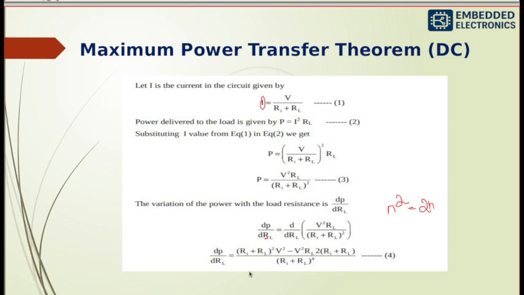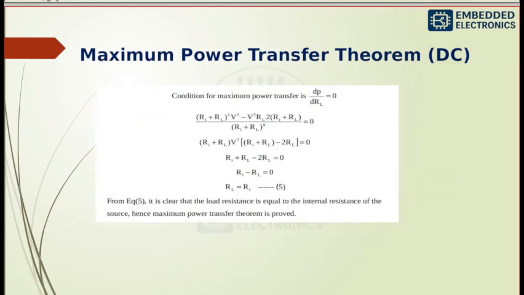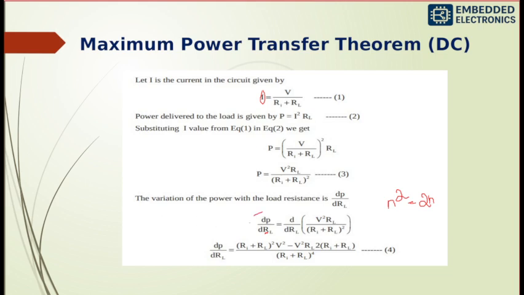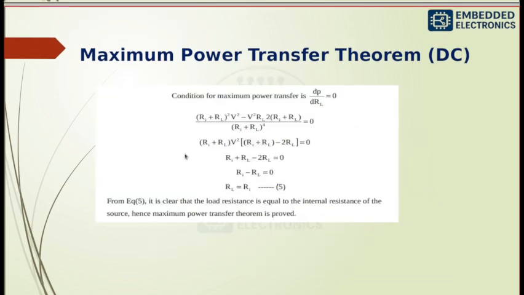I hope you got how to take the derivative. Now when power is maximum, that is when dP by dRL equals 0, so you need to take it as 0. Write it as 0 and write this part as it is. Now move this to the right side, then it will become 0.